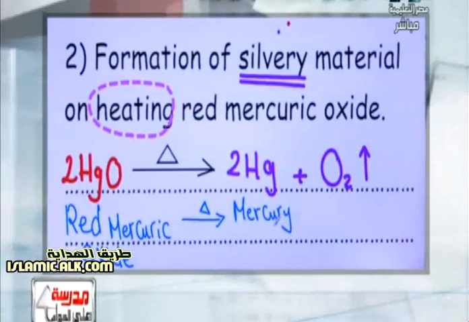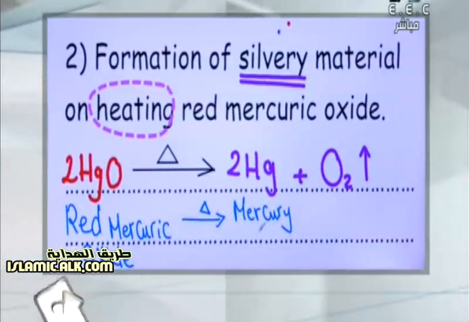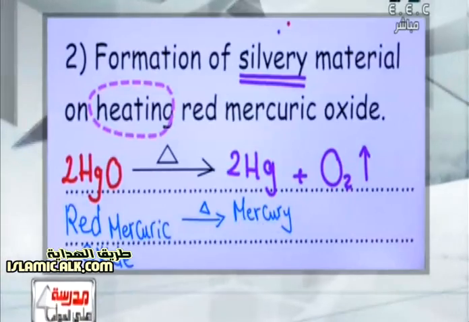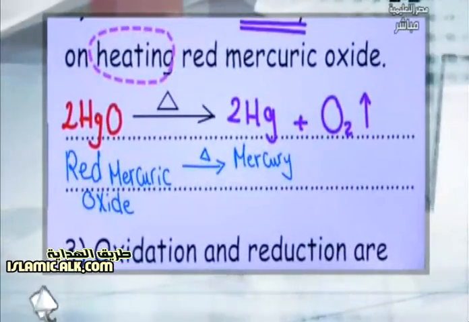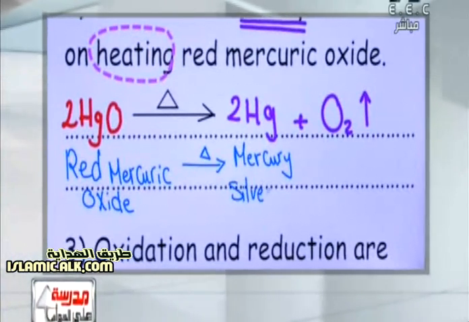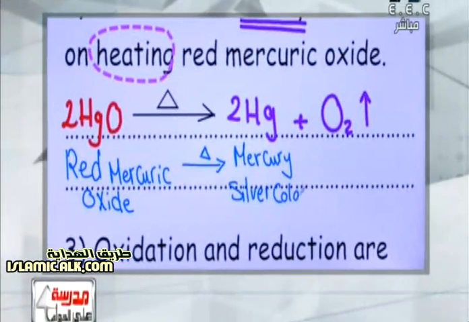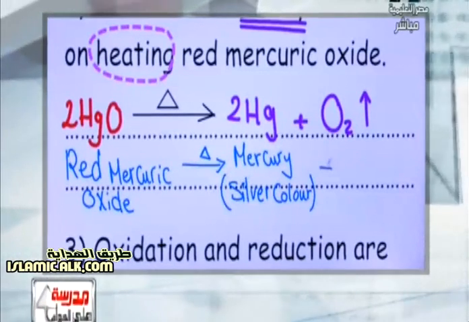Mercury is used in the thermometer to measure body temperature, the clinical thermometer, as we studied before in 6th primary. Its color is silver color. And oxygen.